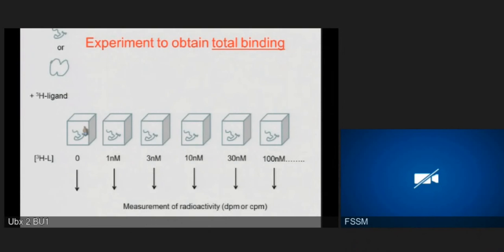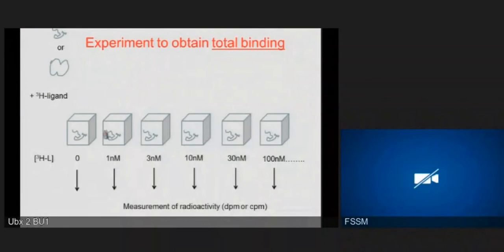So the first dish here, you put only the slice or the membrane fragment and the buffer, and you don't add the radiolabeled L. So, for 0, you are not expecting radioactivity at the end, but it has to be done.